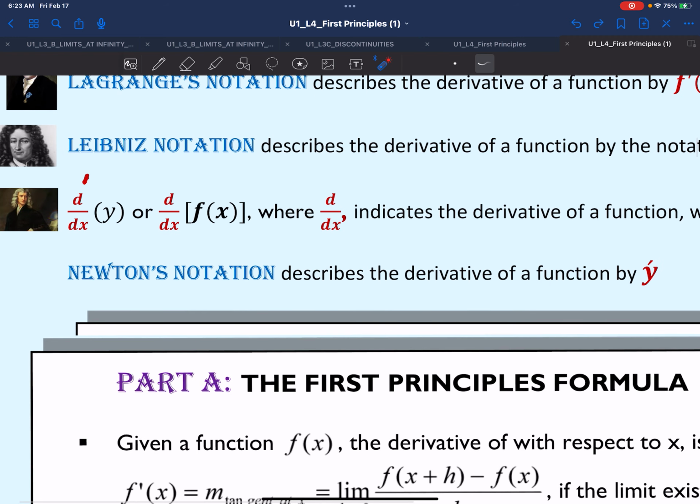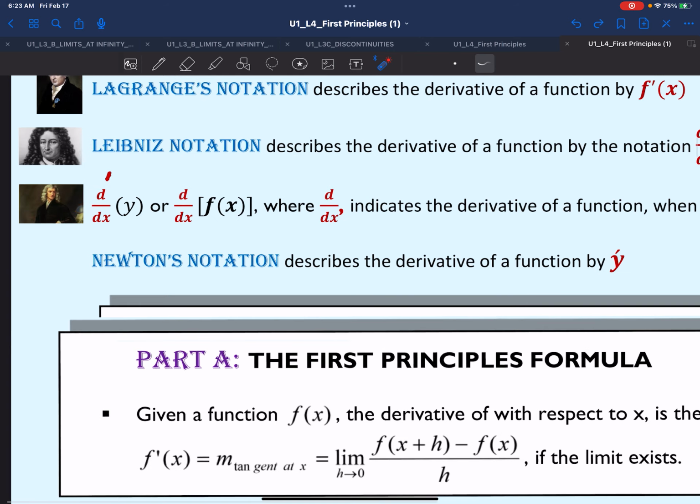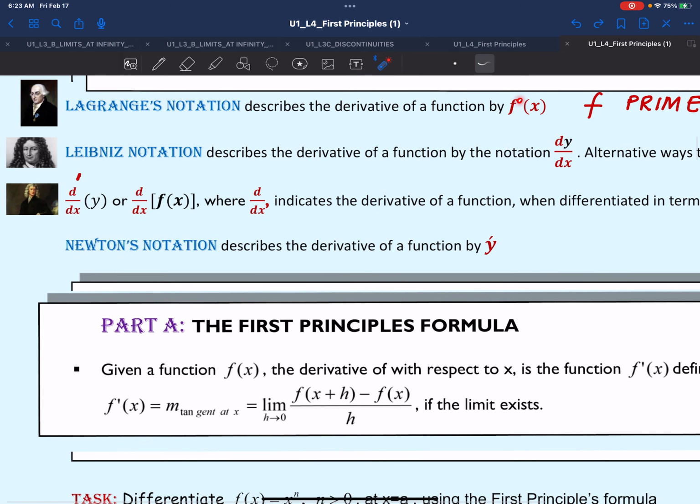As you can see, the d/dx replaces the prime or the apostrophe from Lagrange's notation. Or d/dx of the function f of x, where d/dx actually is not a fraction, it is just a symbol to notate the derivative of a function.